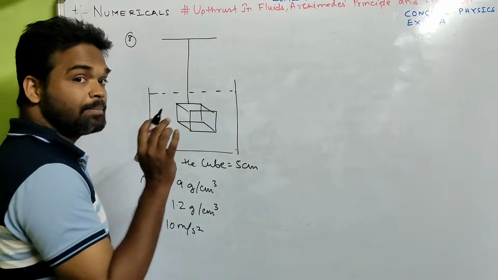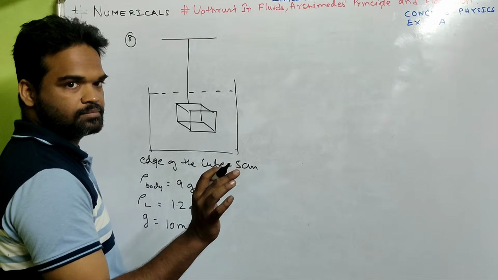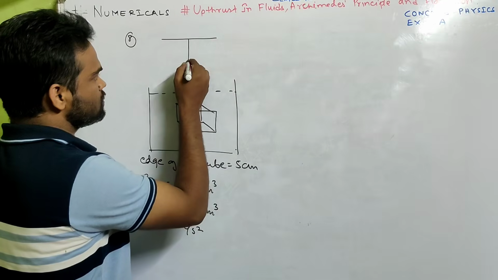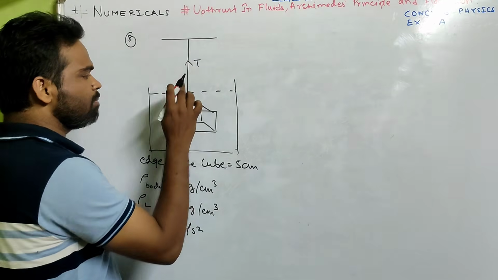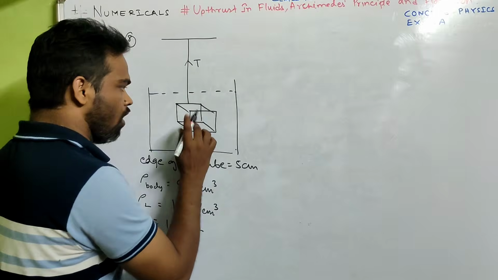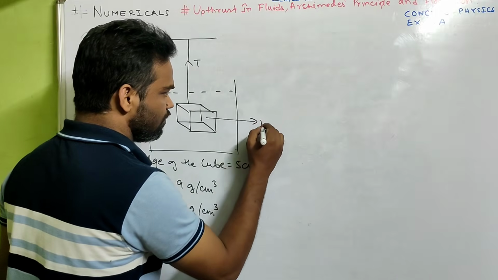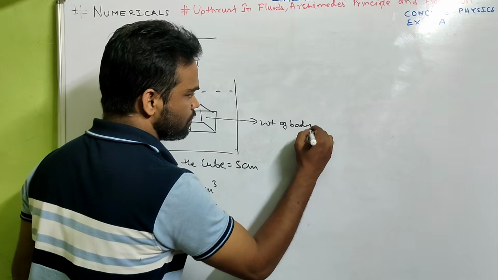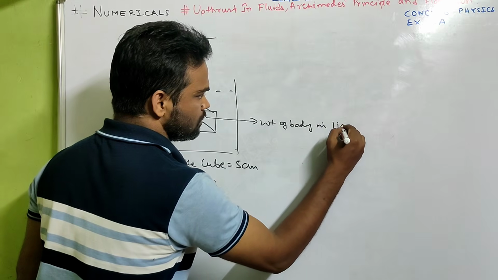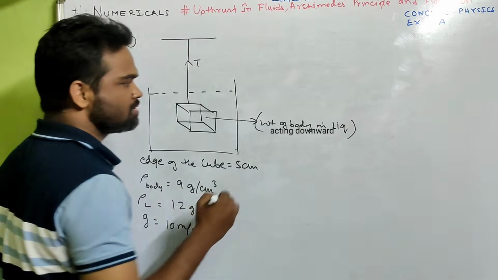Now, when it is completely immersed in water, suppose the tension on the string is T. That will balance the weight of the body in the liquid. It will balance that much only.